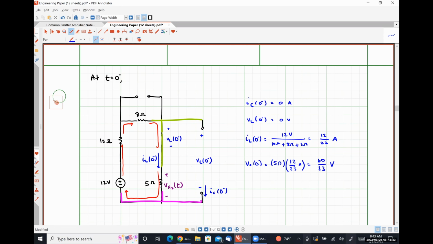Any of that seem unreasonable? All right. Anybody in Zoom land having difficulty following the circuit analysis we're doing here? All righty. So I believe we finished analyzing our circuit at t is equal to 0 minus. So now let's move along to t is equal to 0 plus.